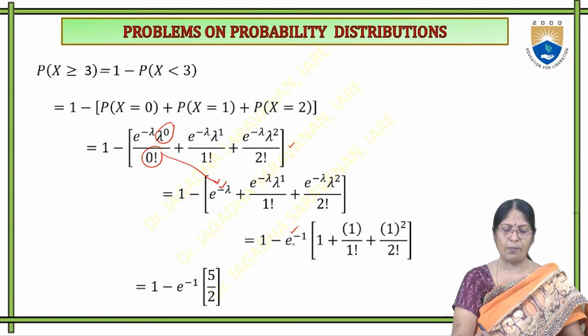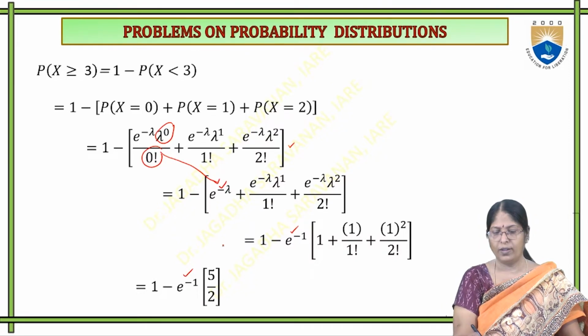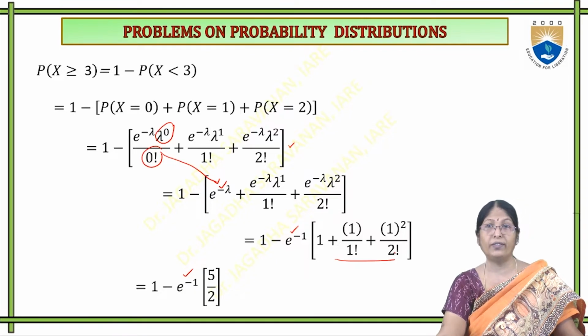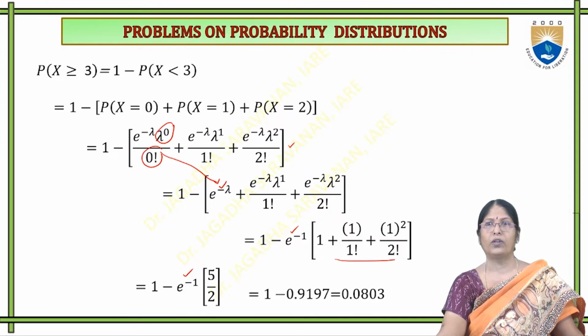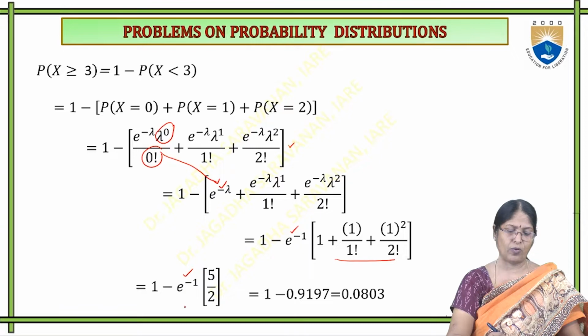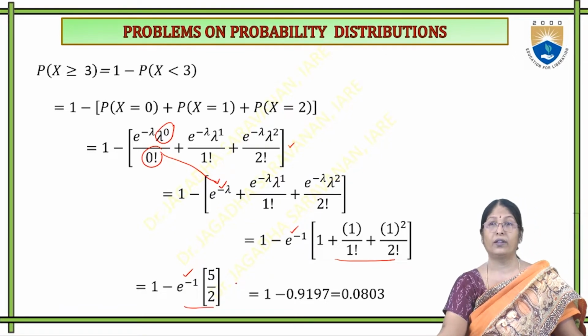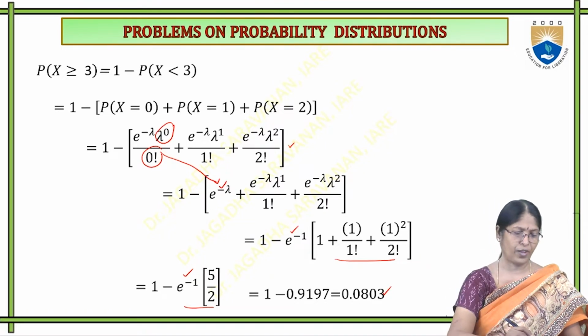So now 1 minus e power minus 1 times the addition, which is 5 by 2. Using the calculator, the value is 0.9197, which is subtracted from 1. The final result we obtained is 0.0803.